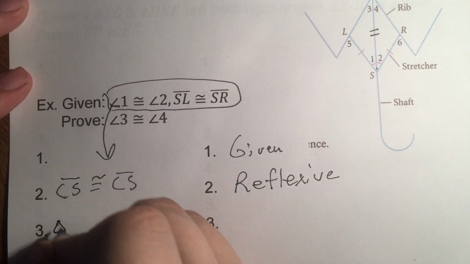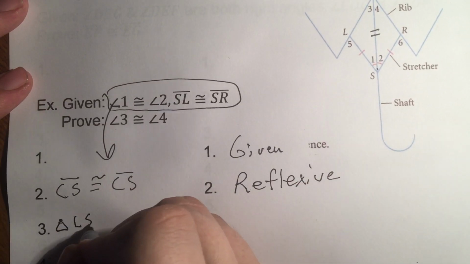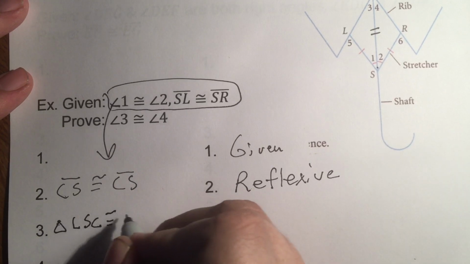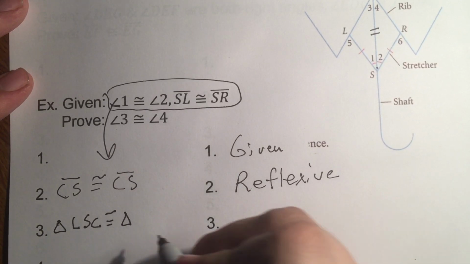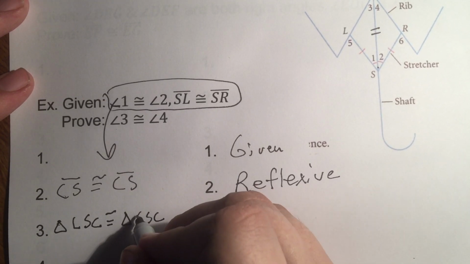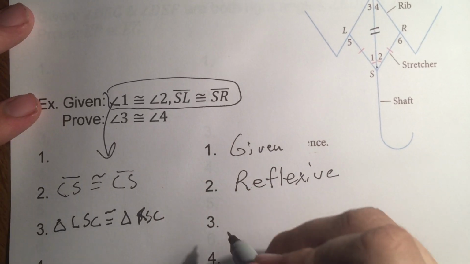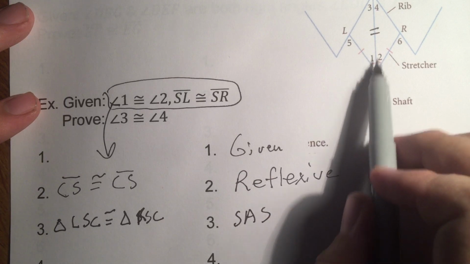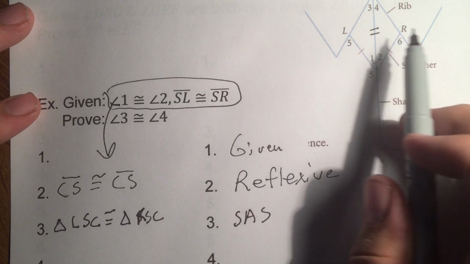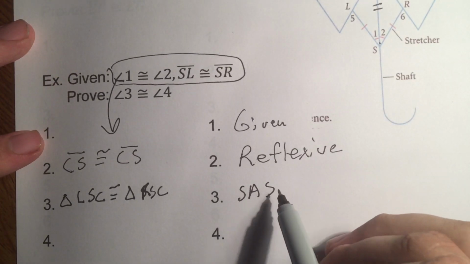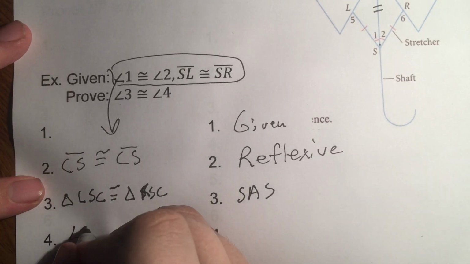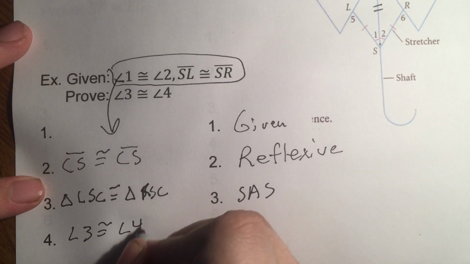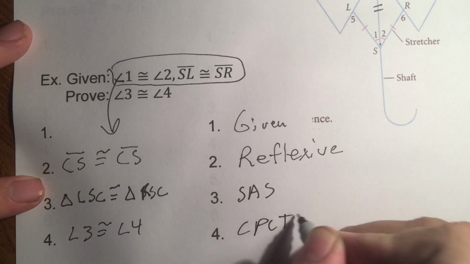So now we can say triangle LSC is congruent to triangle RSC, and that is by side, angle, side, because we have a side, then an angle, then another side as we go around the triangle. Now that we have the triangles congruent, we can say our proof here, which is angle 3 is congruent to angle 4 by CPCTC.